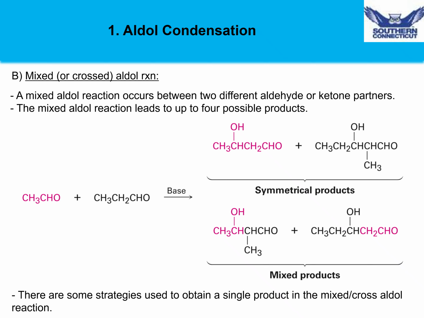When we do a mixed or a cross-aldol reaction, it is possible that we can obtain up to 4 aldol products. And therefore, the reaction is not practical unless we can narrow down the number of products we can obtain from the reaction. Over the next few slides, we'll cover some strategies that are used to obtain a single product in a mixed or a cross-aldol reaction.